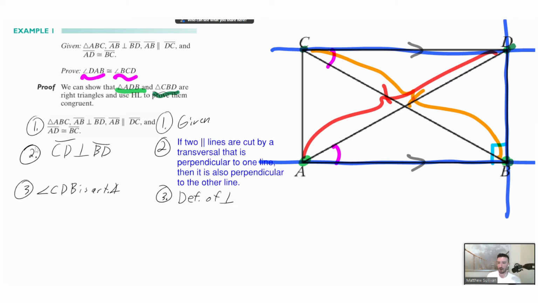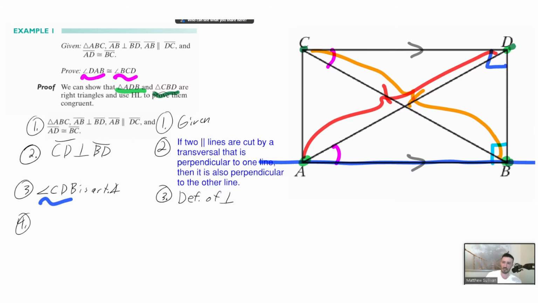All right, so we finally figured out that CDB is a right angle. Now it's probably useful to restate, even though we have it in the givens, that AD being equal to BC is the hypotenuses of each of those triangles.